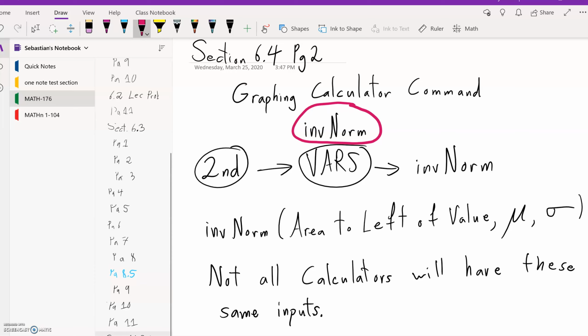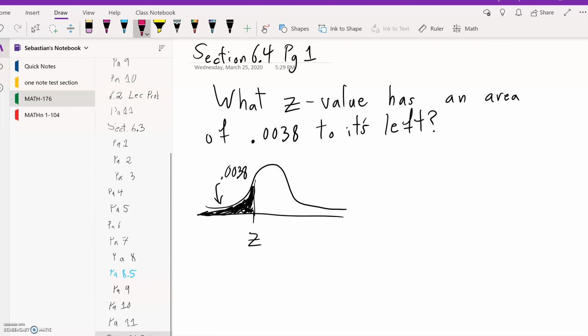Going back to our problem, a z-value, that's a z-score, is associated with the standard normal distribution. The area to the left of that z-value is 0.0038.